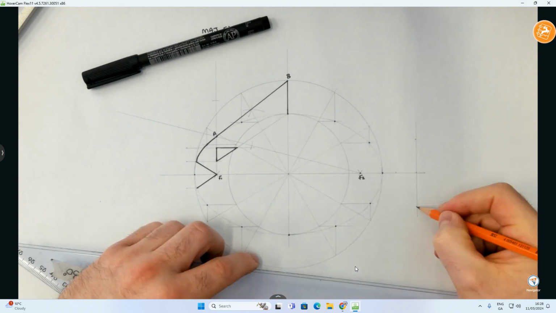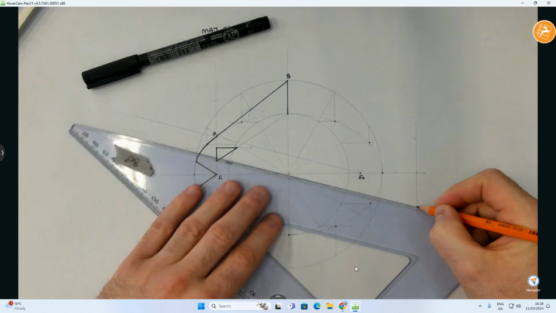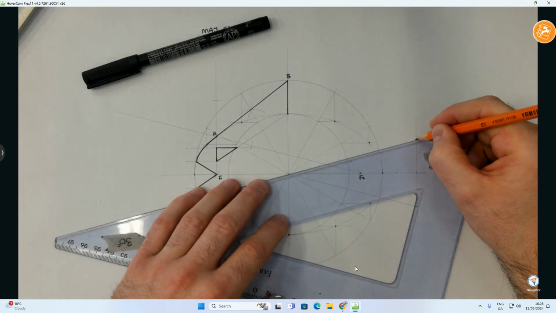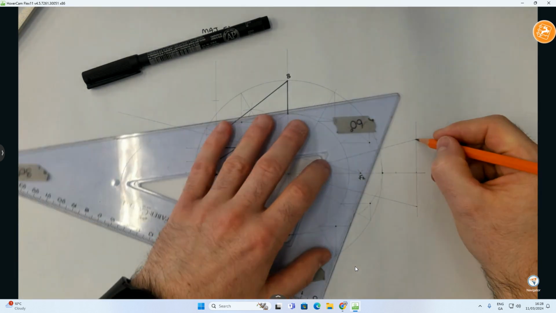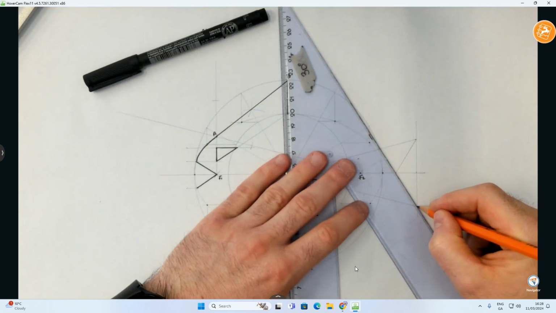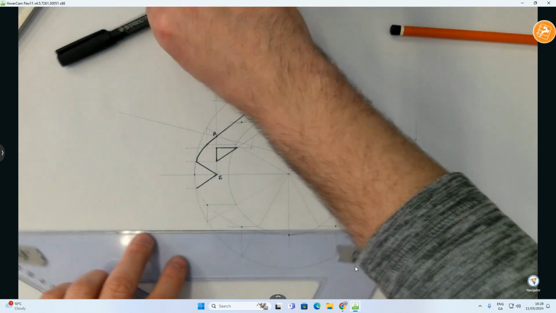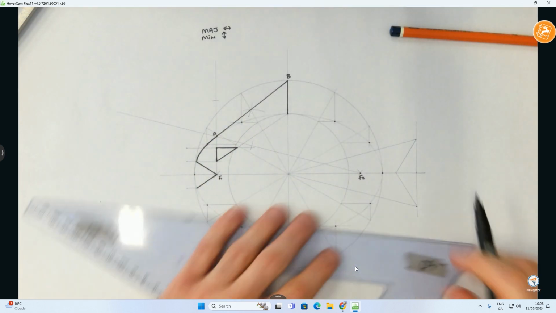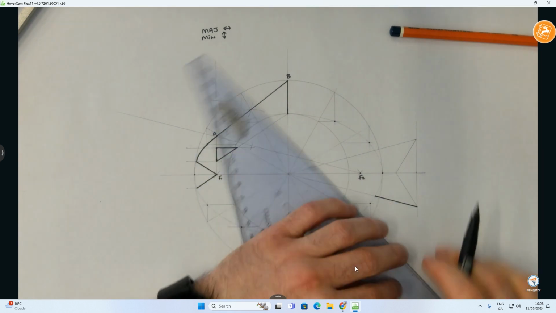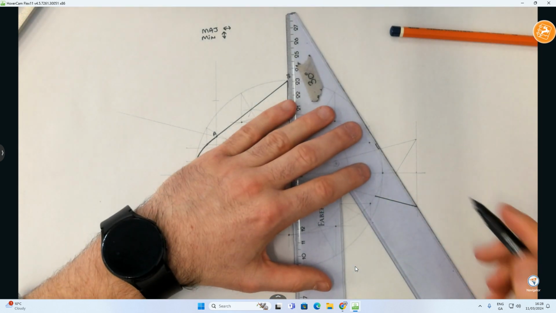So these two marks here, very easy. Connect this one into the center. Connect this one into the center. Okay. And simply connect it here and here. And once again, just a case of heavying in what's important.